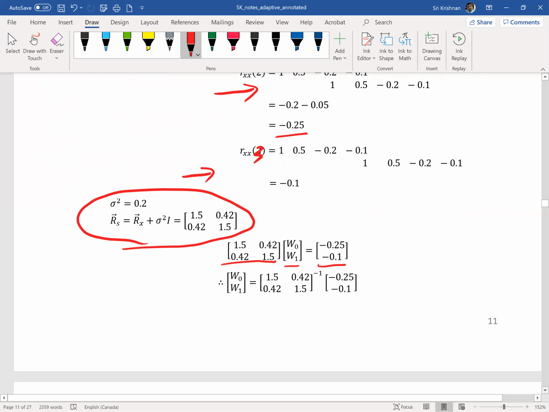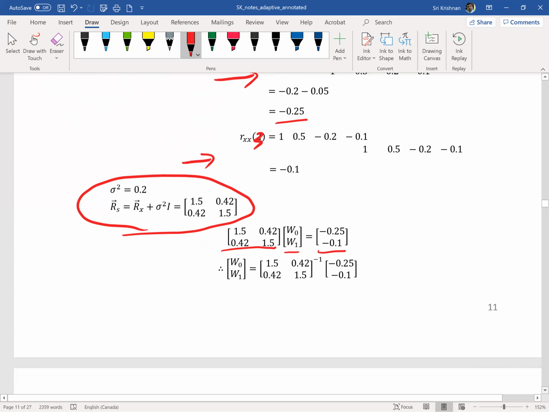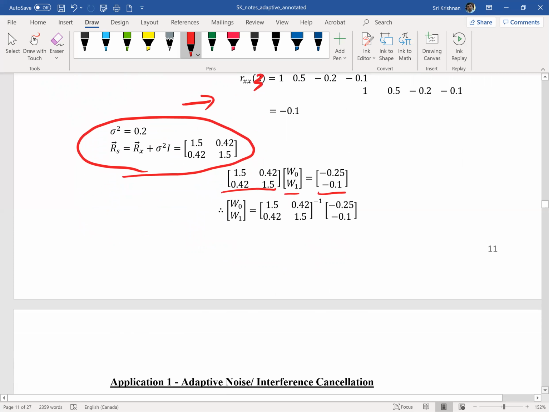Now we have designed an adaptive filter which basically uses the concept of autocorrelation and cross correlation in finding out the filter for the given order. In this case, it happens to be order 2. So W0 and W1 are your filter coefficients. This is one simple example of designing an adaptive filter, which is very different from how we designed fixed digital filters that we have seen before.